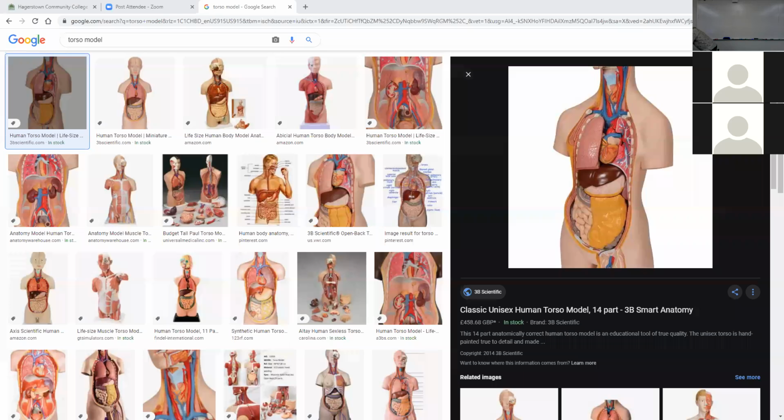I need the salivary glands. $706 for a torso model. All right, let me share screen. Okay, there's a torso model.